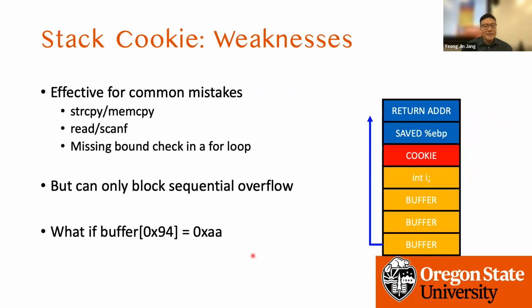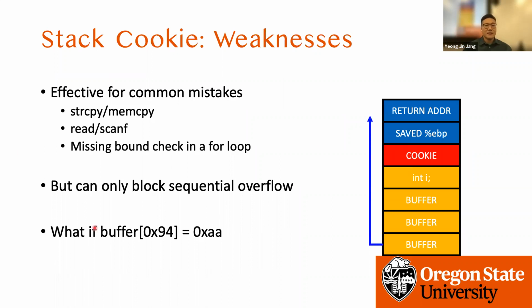So these defenses are very effective against sequential buffer overflow. If you could point to this address without overwriting this part in the program, then the stack cookie is not effective.